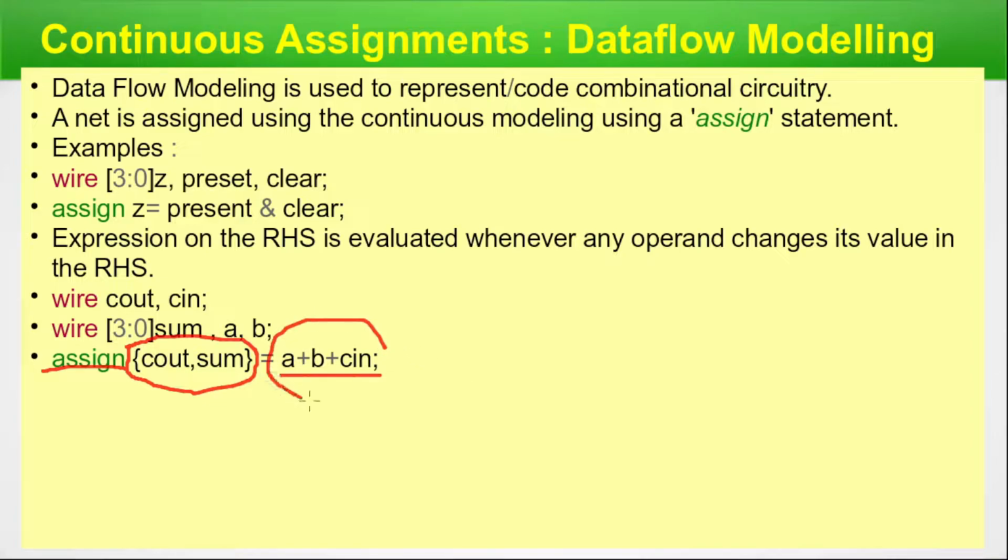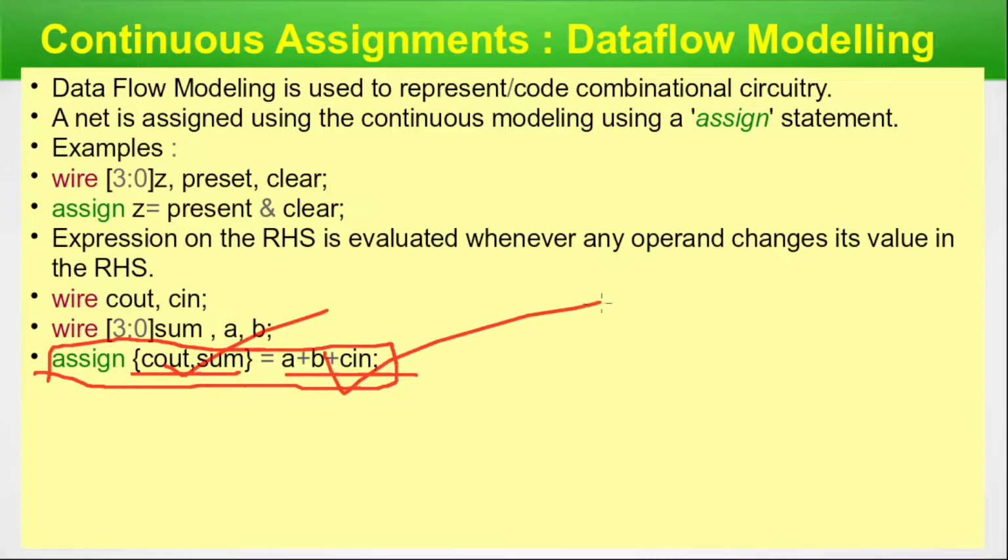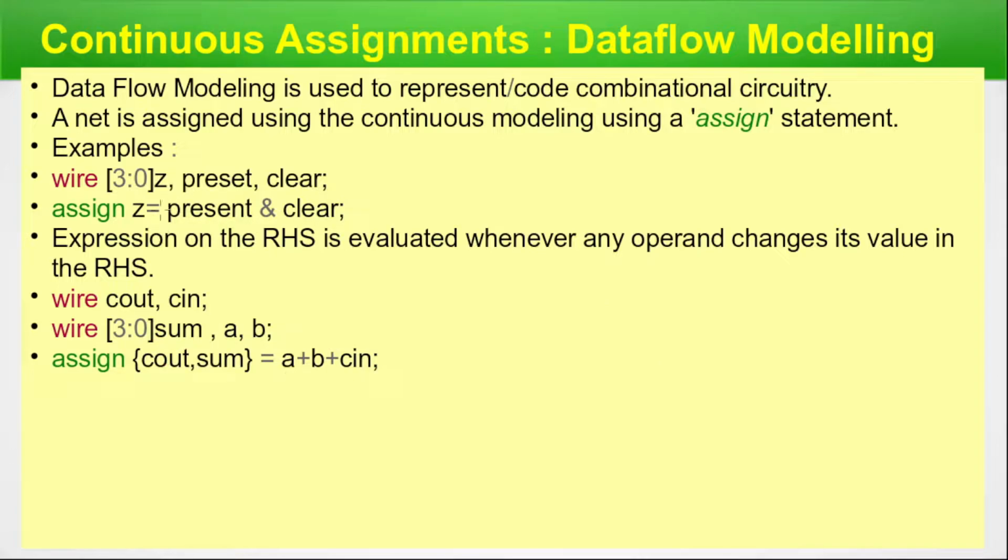This is a logical ORing operation here, and hence the entire assign statement creates a relation between the inputs and outputs. These are outputs and these are inputs. So this way the data flow is modeled by the assign statement. Here it is also the same, these are inputs and this is output. So you can see that the assign statement can be used to model the data flow from input towards the output.